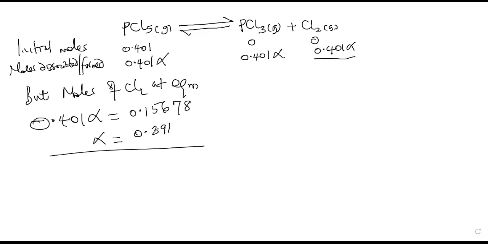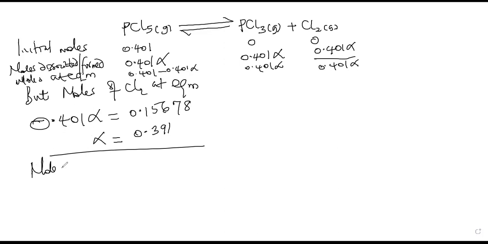So after getting the value of alpha, I forgot to get moles at equilibrium. Moles at equilibrium here will be 0.401 minus 0.401 alpha. This one will stay the same, 0.401 alpha, because we don't subtract anything.